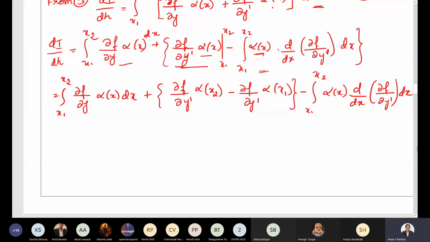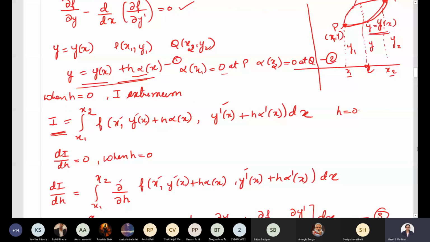Now from equation 2, alpha of x1 equal to 0 at P, alpha of x2 equal to 0 at Q. So we have these two conditions which we are going to put over here.